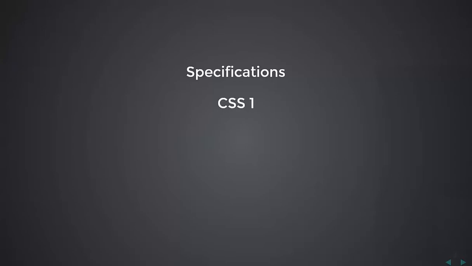So the CSS1 spec included stuff like basic font property styling, text aligning, color for the text, line heights, background colors, and basic margin, borders and paddings, which were more than enough back when it was released sometime, I think, in 96 or 97. So there wasn't that much happening in CSS back then, but it was definitely a breakthrough for that time.